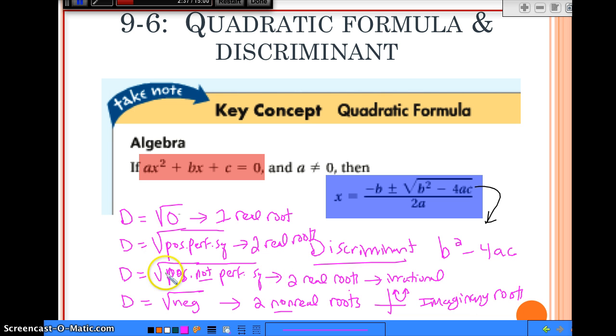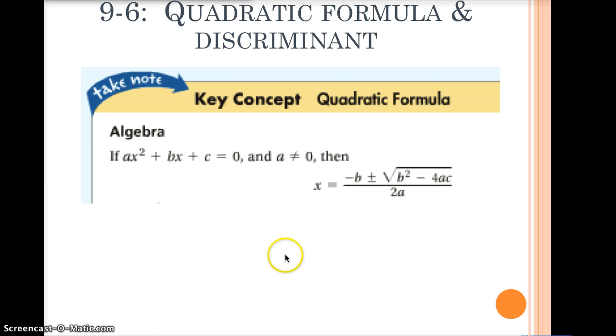So these are the discriminant, and that kind of tells you what you're going to get. If it's factorable, that means that you're going to come up with a perfect square, which would be one of these two scenarios.